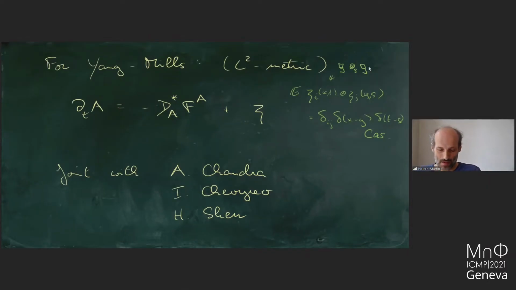So remember, last time we ended yesterday's lecture by writing down formally this kind of stochastic gradient flow for the Yang-Mills equation. Here, this term you should think of as minus the gradient of the Yang-Mills action.